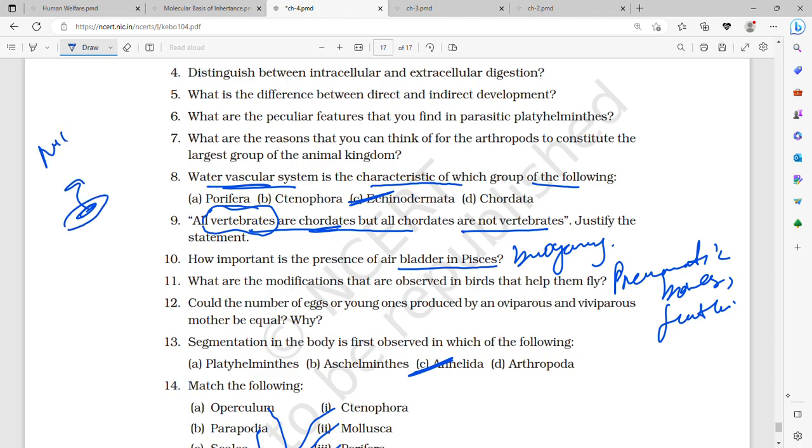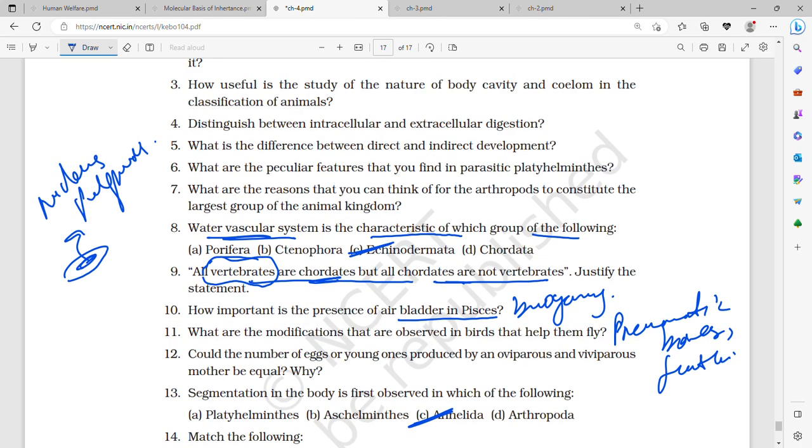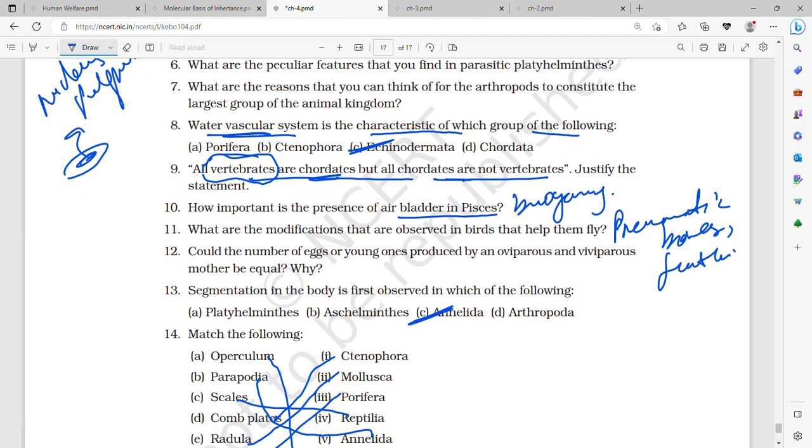But all chordates are not vertebrates because in Urochordata, Tunicata and Cephalochordata a vertebral column is not present. Notochord is only present.